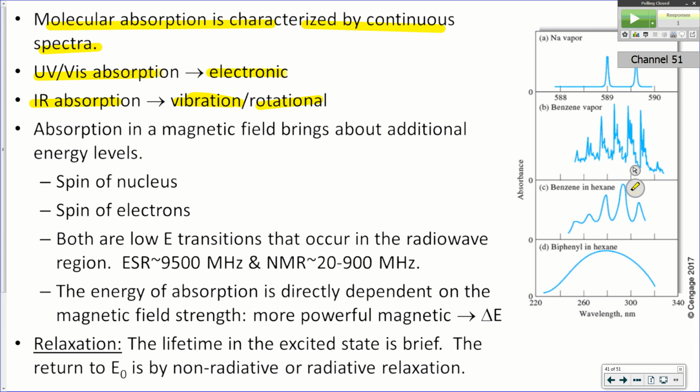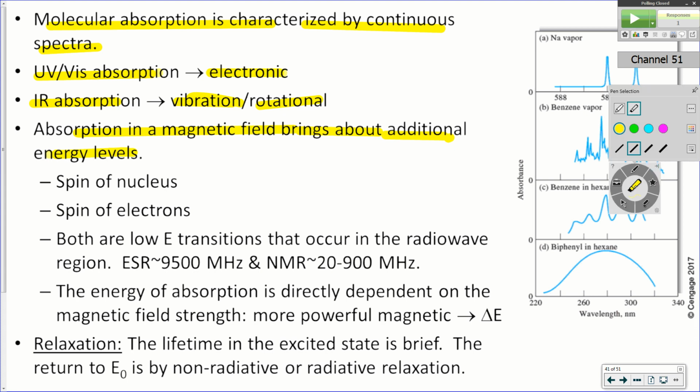Now, if we expose our sample to a magnetic field, we can actually get some new energy levels there. Okay, so if we look at energy levels that exist at the lower energy within a molecule, there are some separations that occur only in the presence of a magnetic field. And those deal with the spin of the nucleus and the spin of an electron.